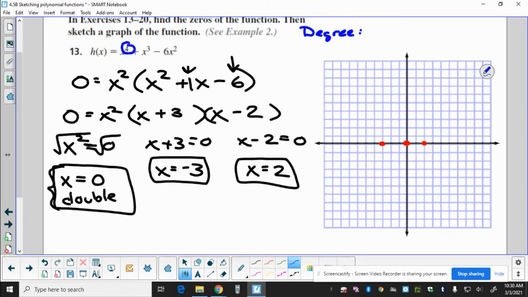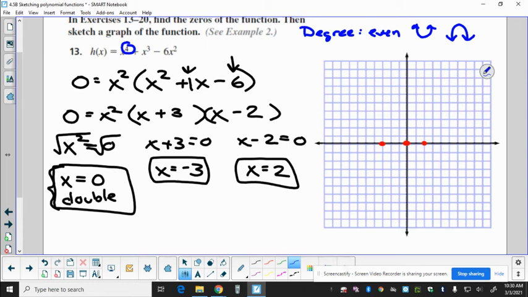That is an even number, so that's important for us. The degree is even, so the end behavior could terminate upwards in both directions or downwards. That's important for our sketch.